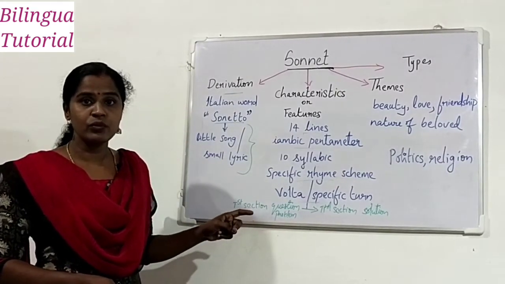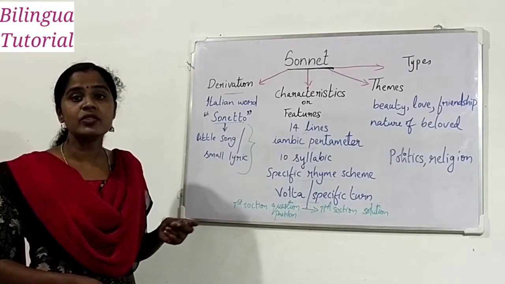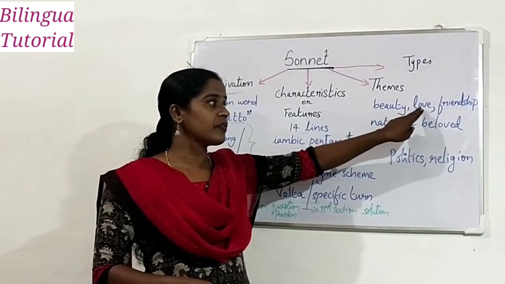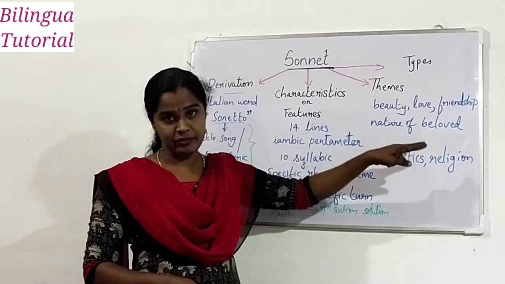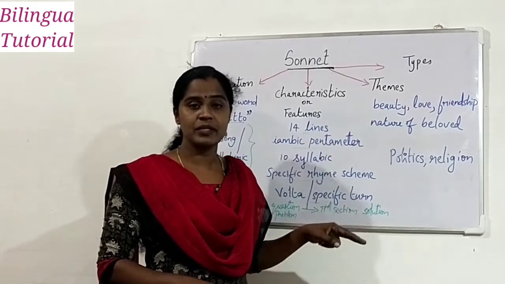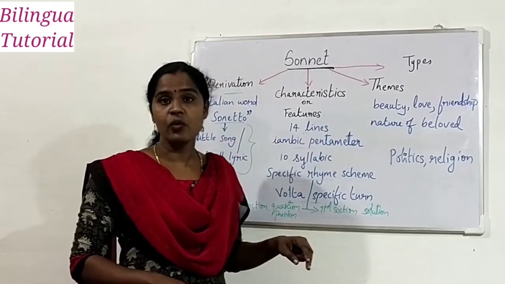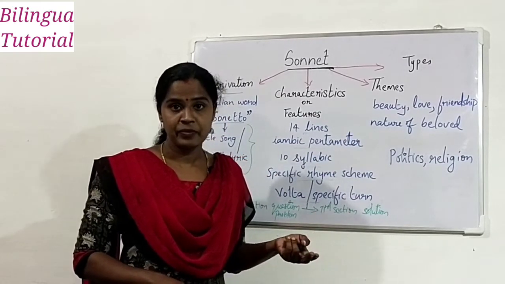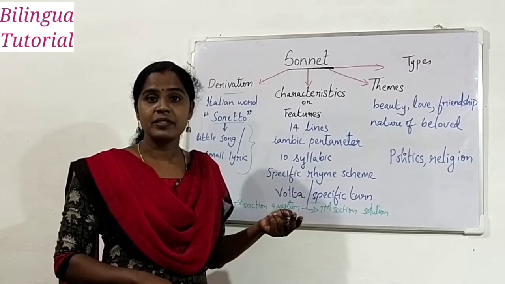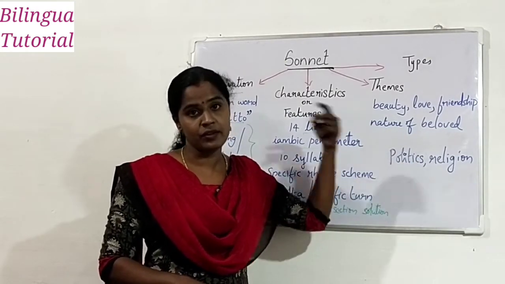Now we can move to the next topic, the themes of the sonnet. In traditional sonnets we can see themes such as beauty, love, friendship, the nature of the beloved. People normally started writing on these themes. Then gradually the sonnet developed, and later people started writing on other themes such as patriotism, politics and religion.